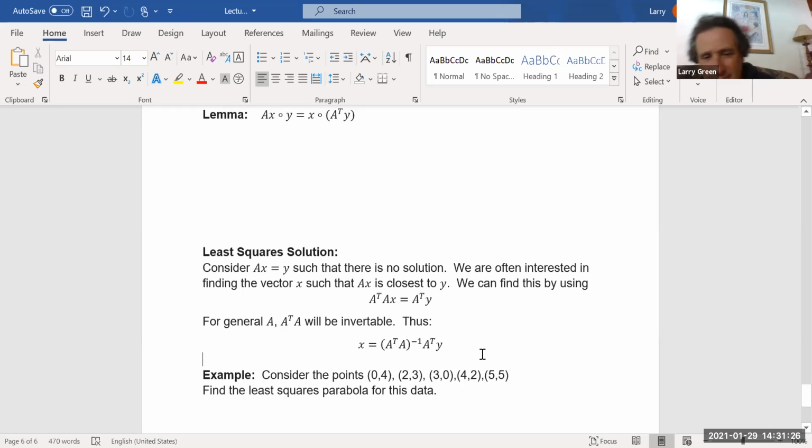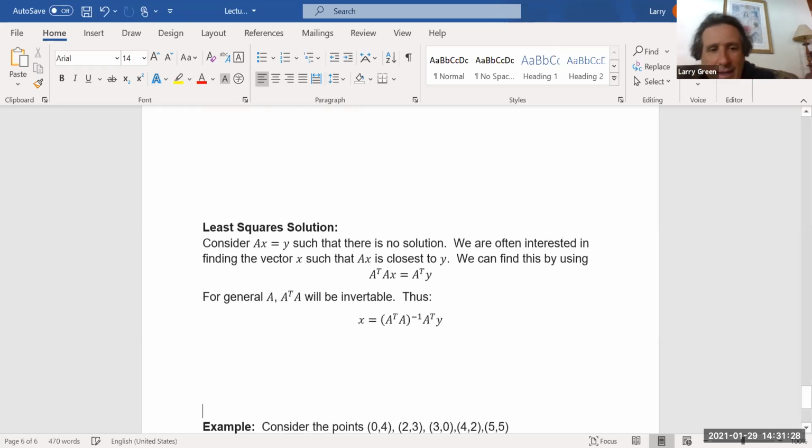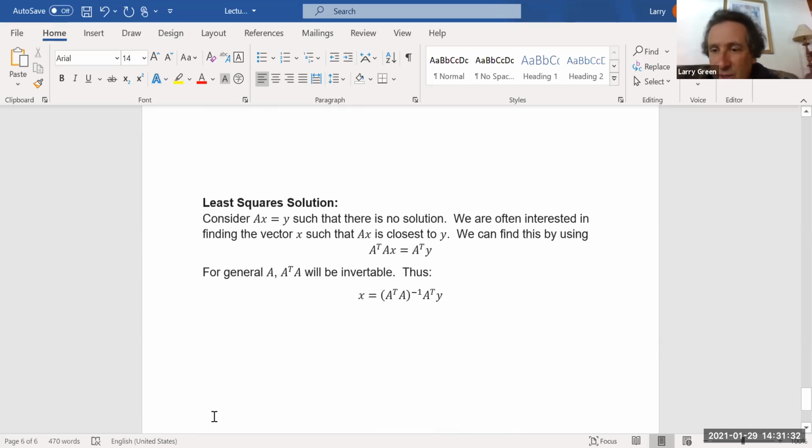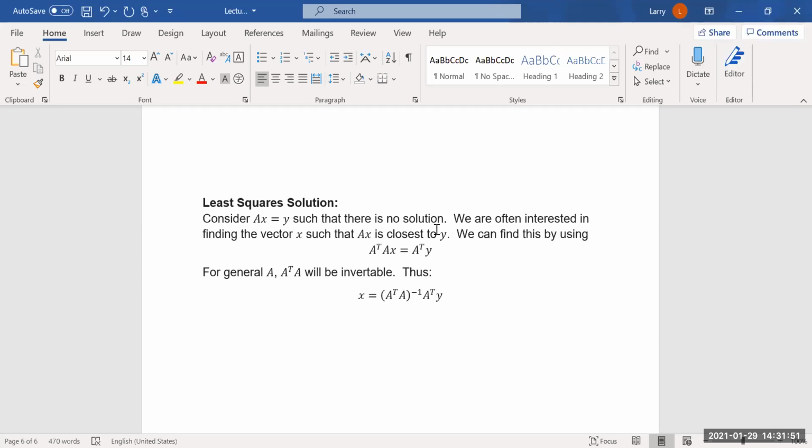And this is, again, probably the most important application of the whole class in terms of usefulness. So let's consider AX equals Y such that there is no solution. Have we seen these kinds of equations where you get no solution? Yeah, it happens a lot, right? You join the matrix and then you RREF.